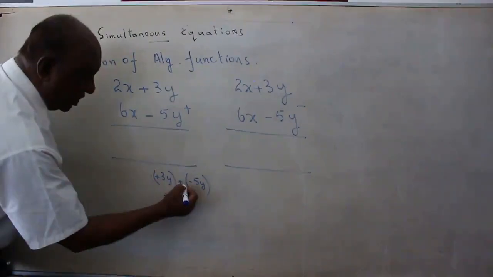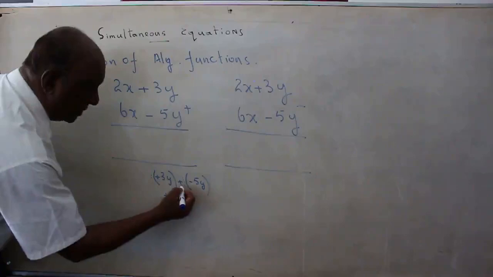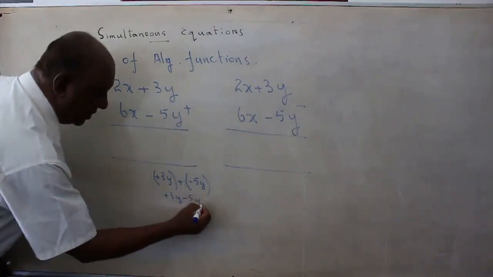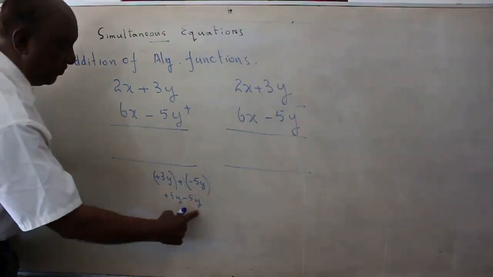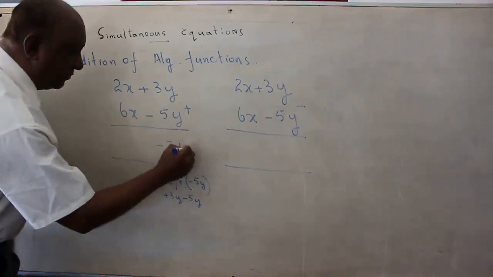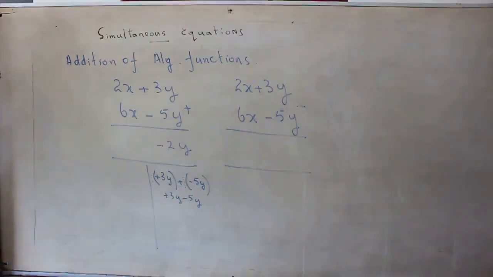The bracket is opened here, and you must know there is a 1 here. When it opens out, plus into minus is minus 5y. Plus 3y minus 5y, when you combine, you get minus 2y. That is the part for the y term.